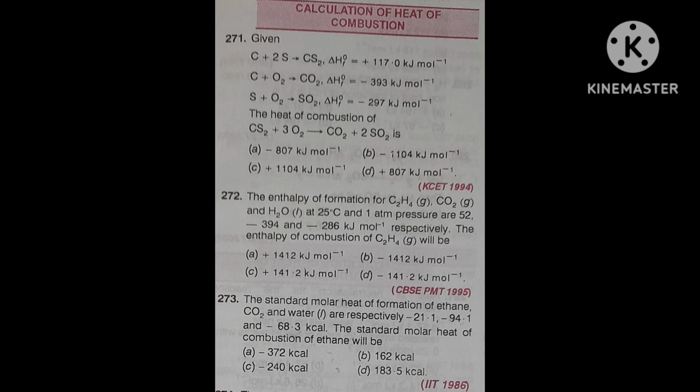Second reaction, C plus O2 gives CO2, and standard delta HF is equal to minus 393 kilojoule per mole. Third reaction, S plus O2 gives SO2, standard delta HF is equal to minus 297 kilojoule per mole.